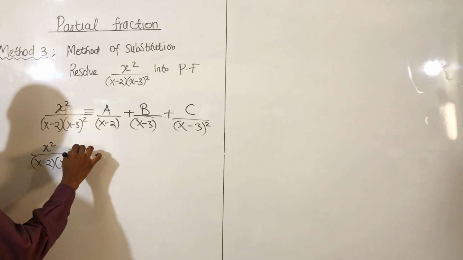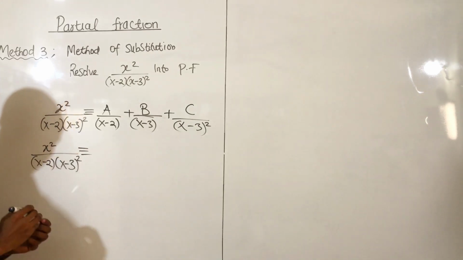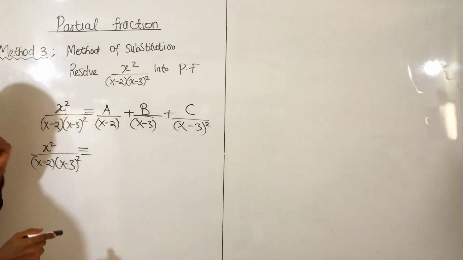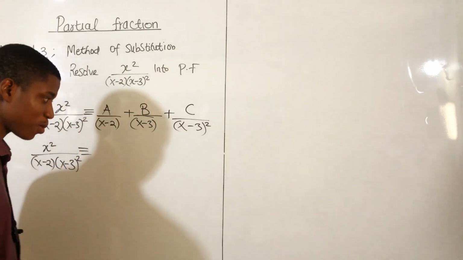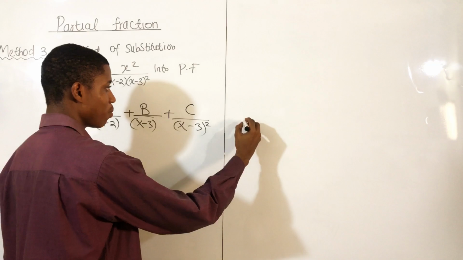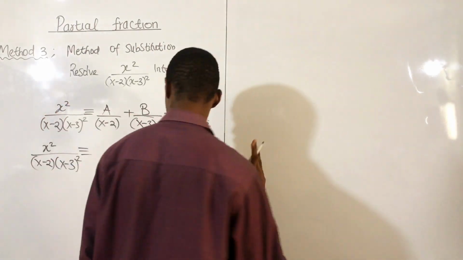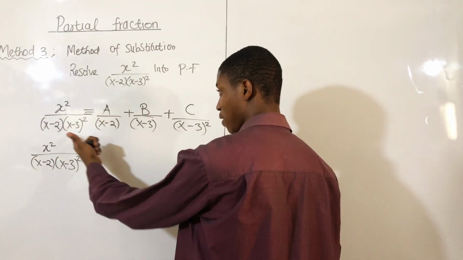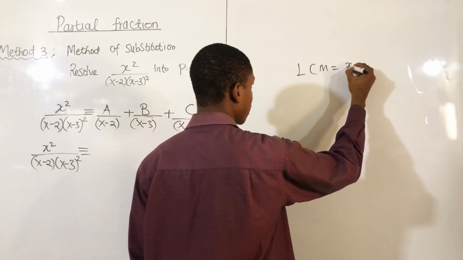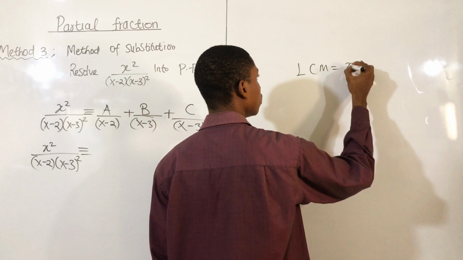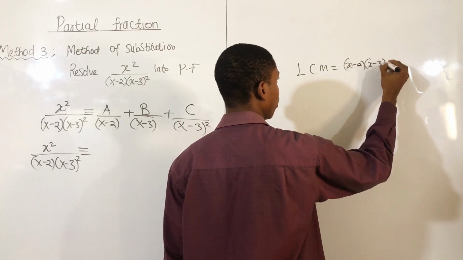Of course, taking the LCM, we are assuming... Now it's very important, please listen. I showed you the concept for taking the LCM in the last video. In this case, the LCM here is (x - 2)(x - 3) all squared, right?